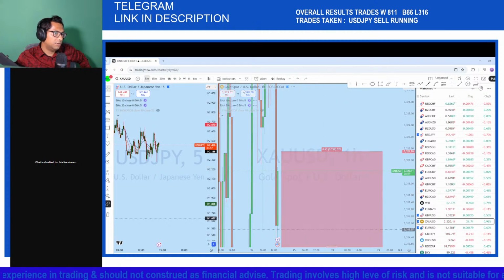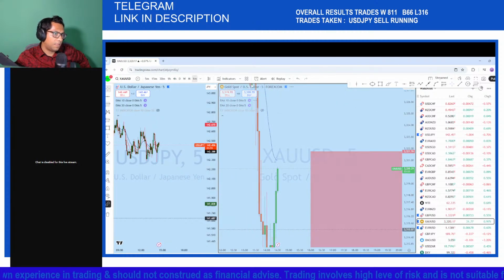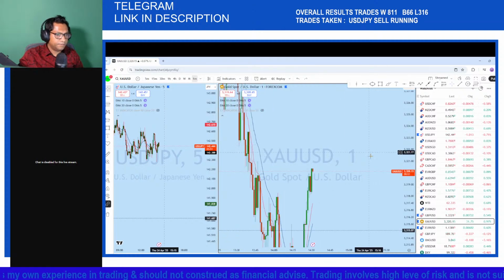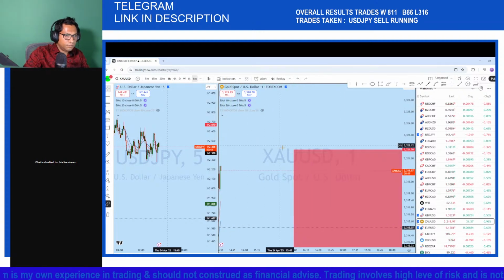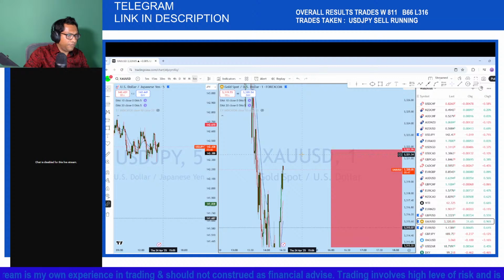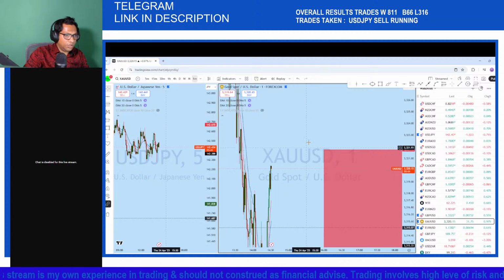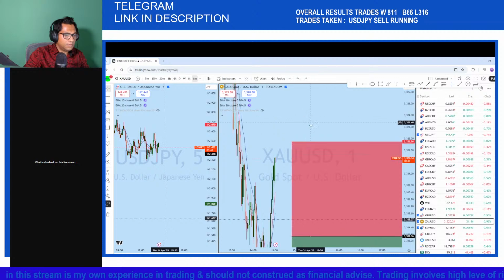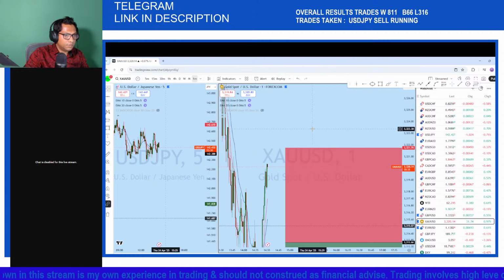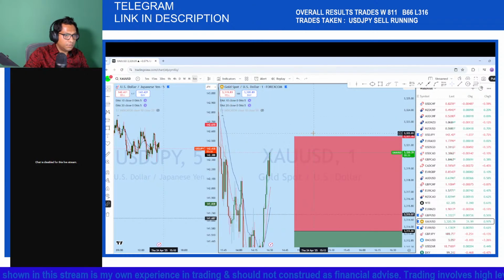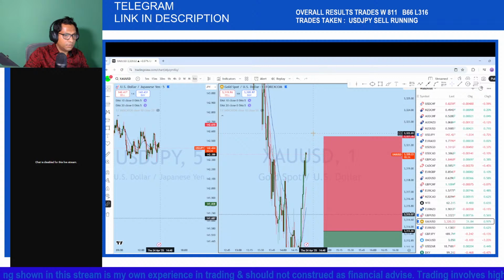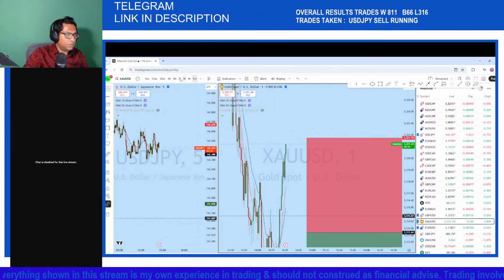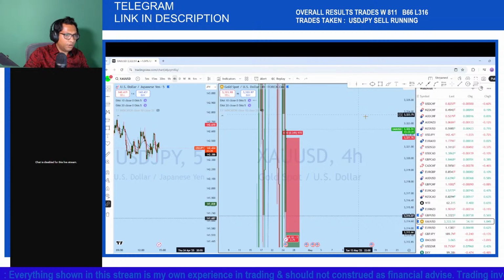So very top, and like the dollar yen, it's also on the top. So it reversed without any proper confirmation.